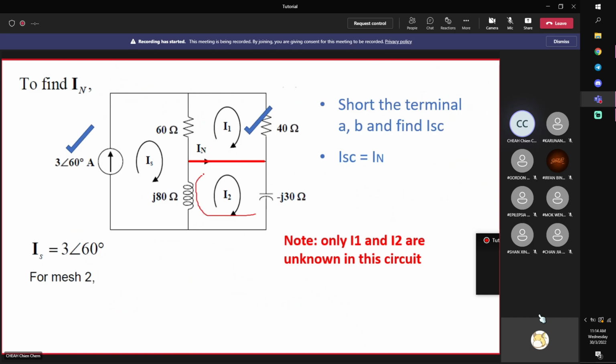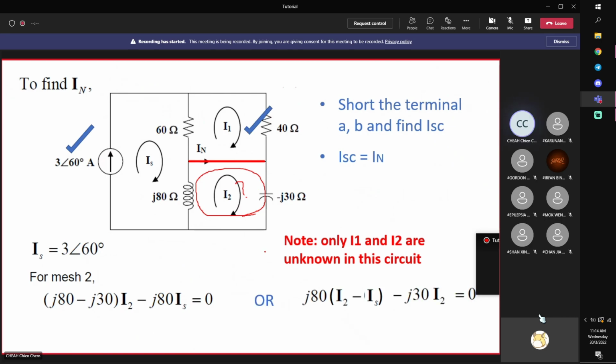I take KVL at this mesh to solve for my remaining unknown I2. Kirchhoff voltage law around this loop. You can write down the equations again, using Ohm's law. I2 only passes through the negative j30.